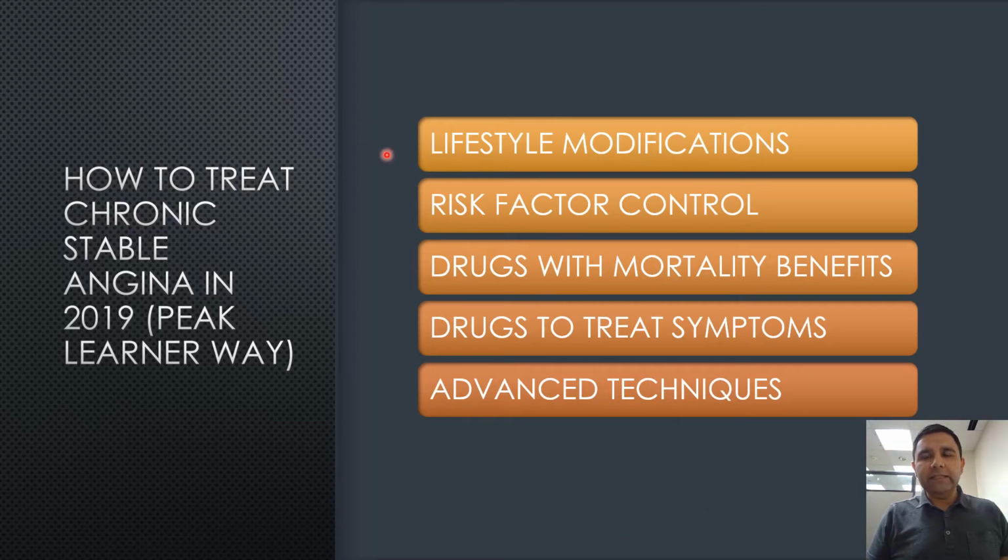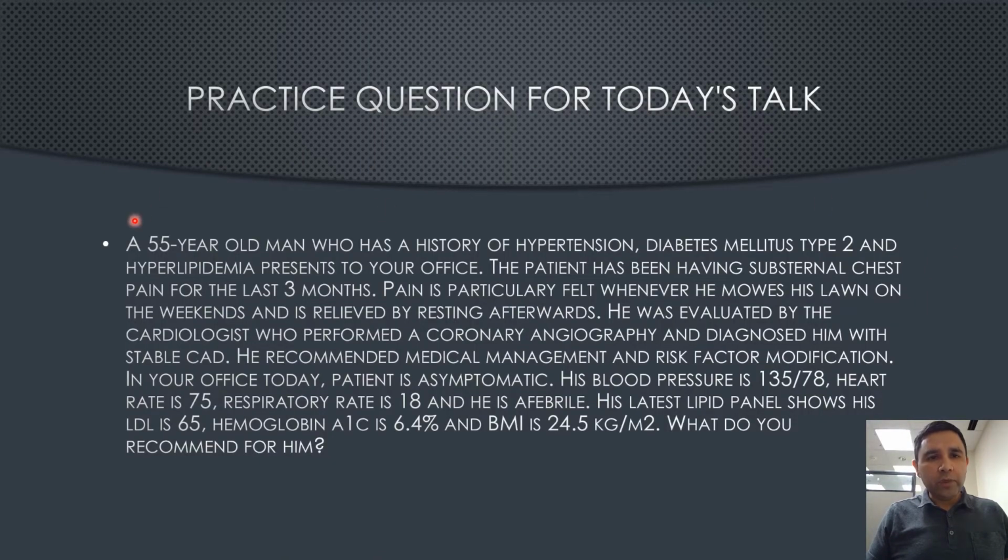I did that in the last video, so if you haven't taken a look at it, please look at my last video. Today we're going to be tackling the second component, which is risk factor control. So let's go through this question.